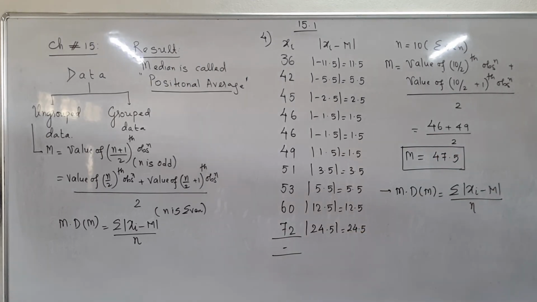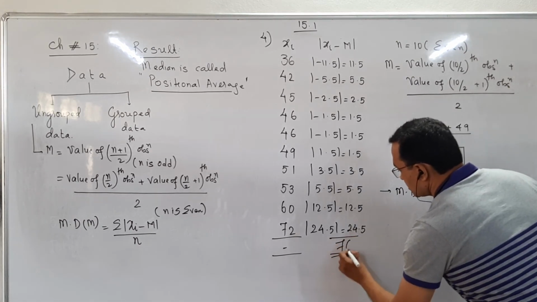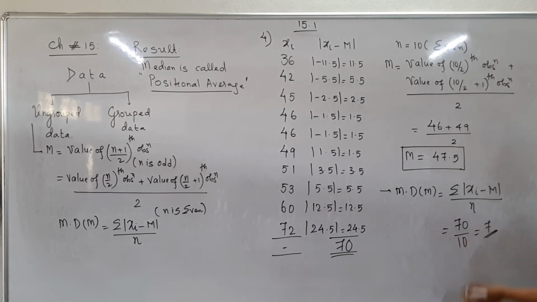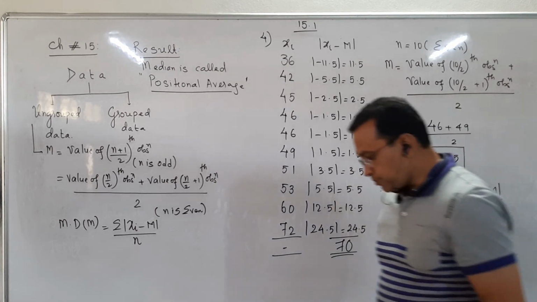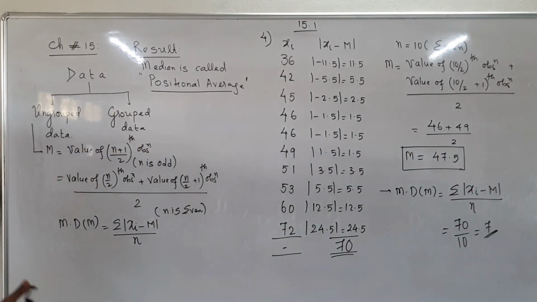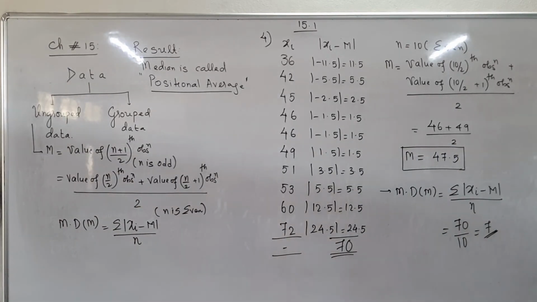The total of this comes out to be 70, students. So the answer is 70 divided by 10. So the mean deviation with respect to median comes out to be 7. Mean deviation with respect to median, students, comes out to be 7.